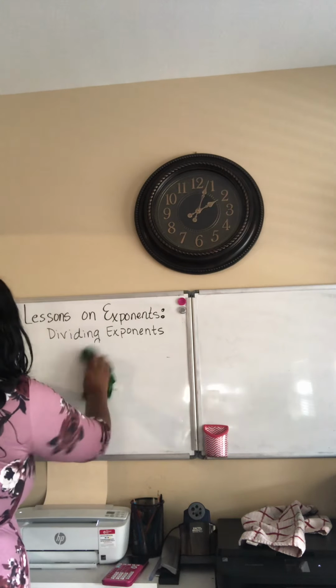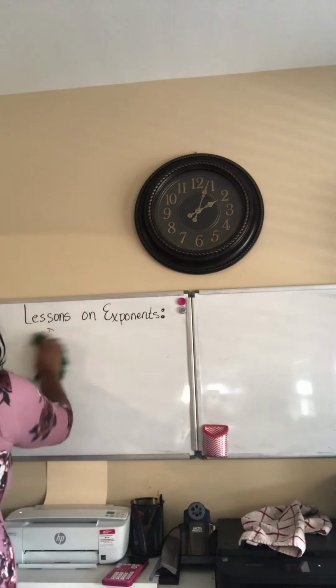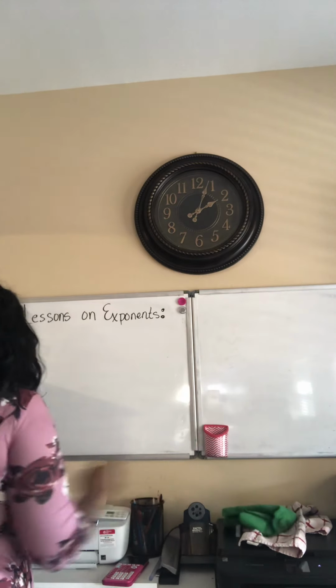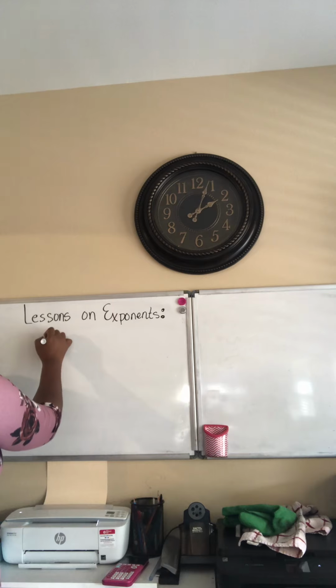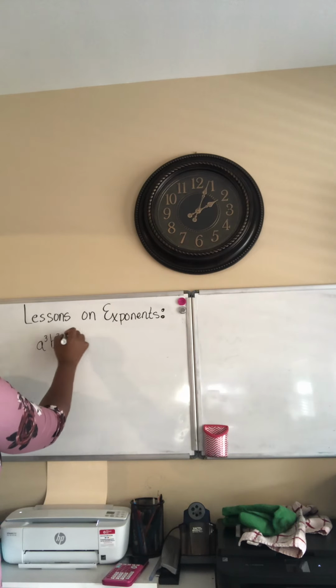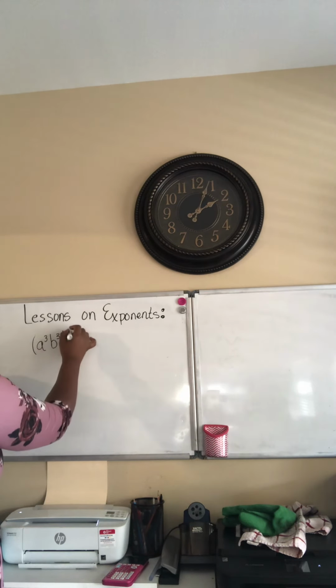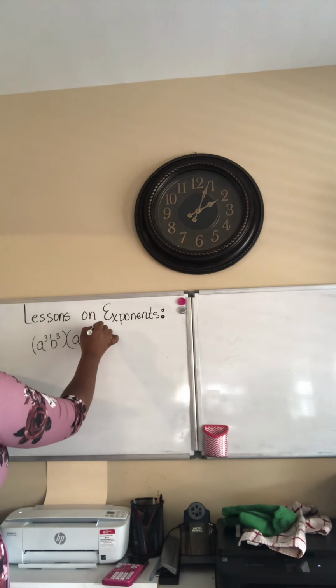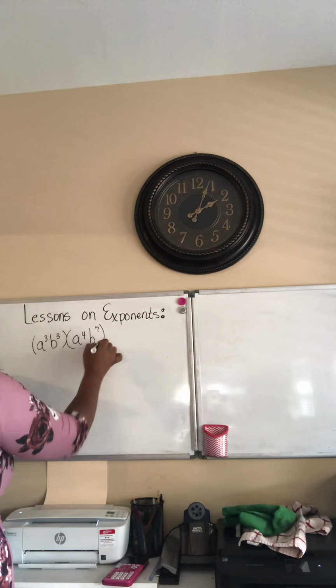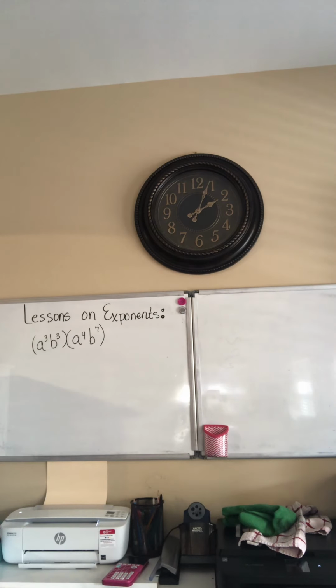And I'm going to make the multiplication one a little bit more complicated. So, let's say we have a cubed times b cubed multiplied by a to the 4th power, b to the 7th power. So, this is an algebraic look at the exact same concept.